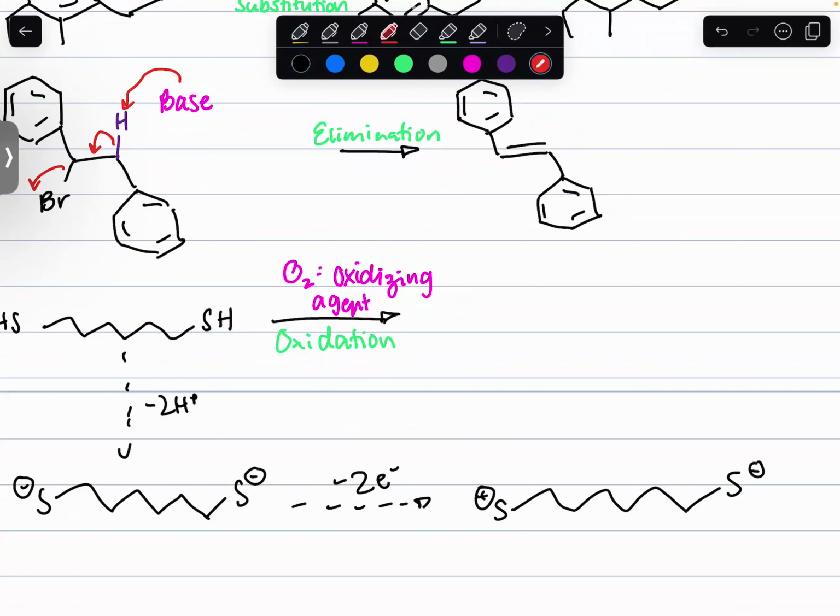We have a negative and a plus in the same boat, so they are going to cyclize. And you get, I'm just going to draw it as a circle, but know that it's not.